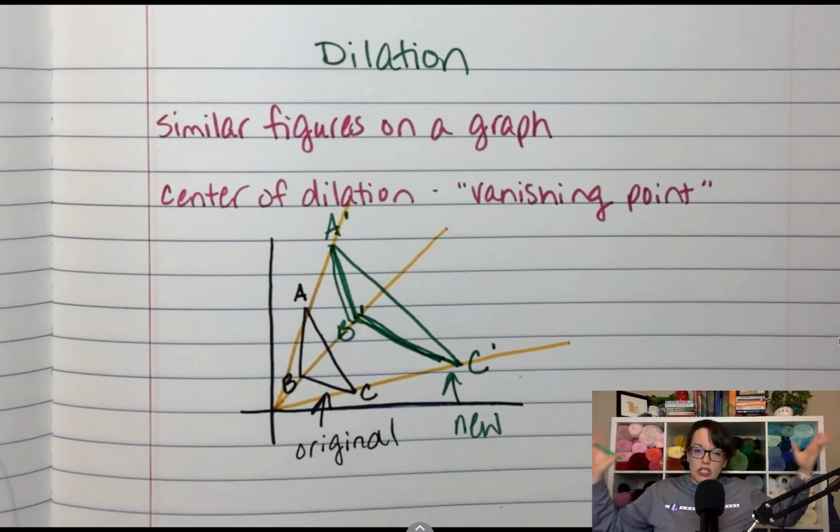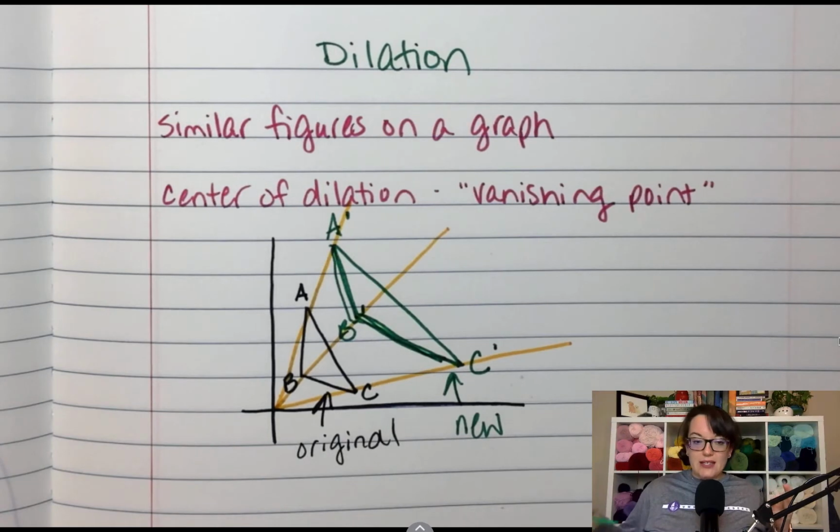So we've enlarged this on the graph. We used the origin as the center of dilation, but it does not have to be the origin for everything. That's all you need to know.